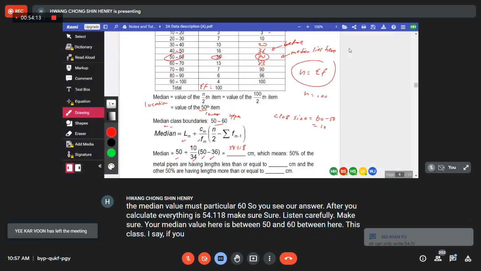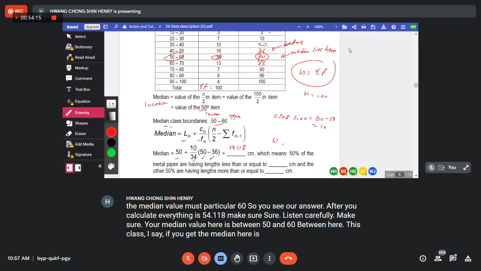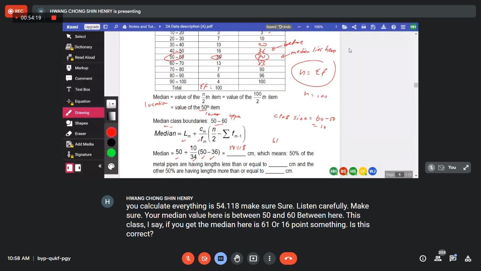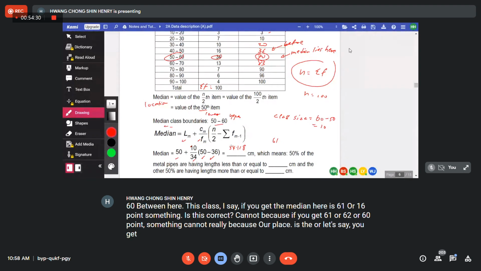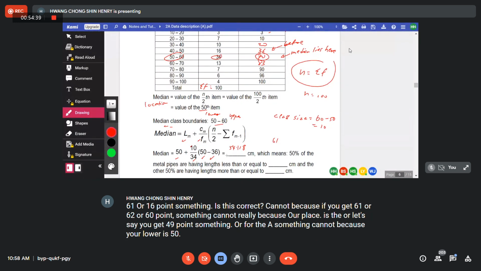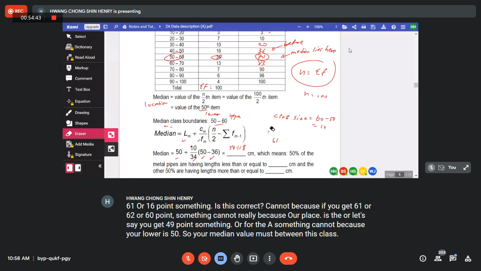If you get 61 or 60 point something, cannot, because the upper limit is 60. Or if you get 49 point something or 48 something, cannot, because your lower limit is 50. So your median value must be in this class. Can or not, everyone?